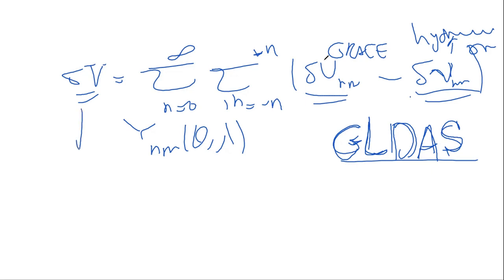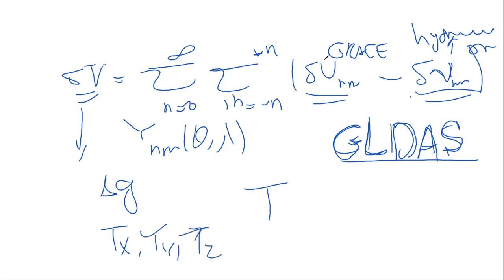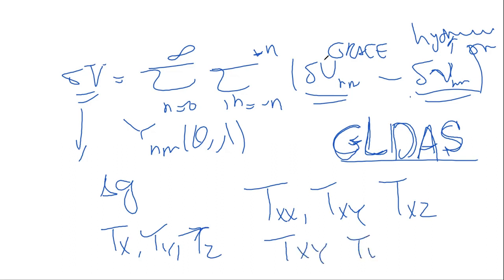From this spherical harmonic expansion, you can generate delta G or first or second order derivatives of the gravity, or the tensor of gravitation, for monitoring the earthquakes.